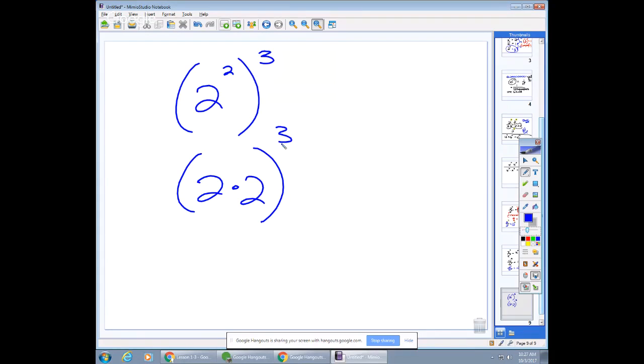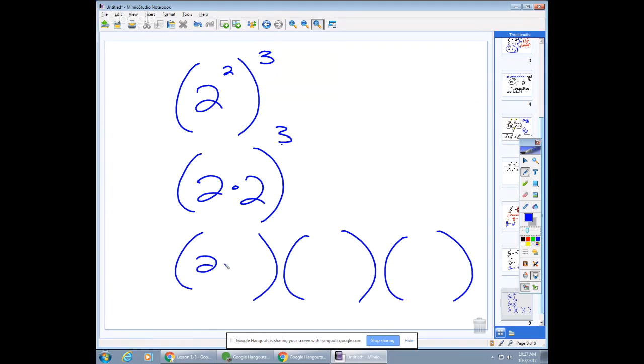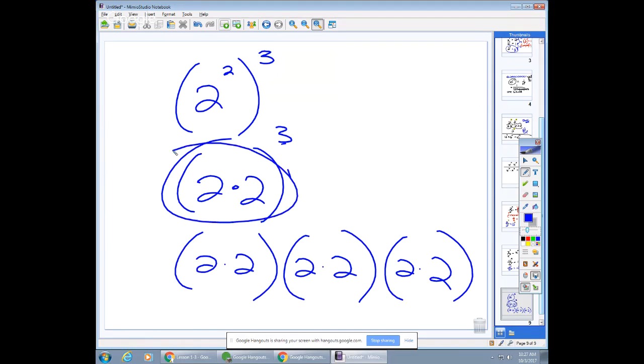What does this exponent tell me to do? To write the base 3 times, right? Well, my base happens to be this set of parentheses, so I have to write it 3 times. Inside, there happens to be a 2 times 2. You with me? The exponent says, write this 3 times.